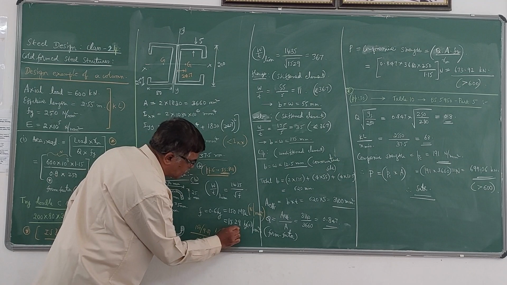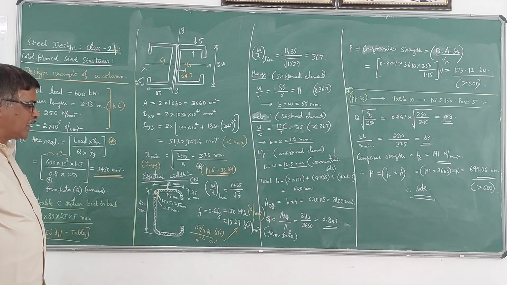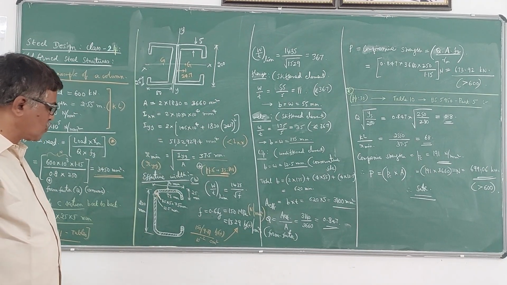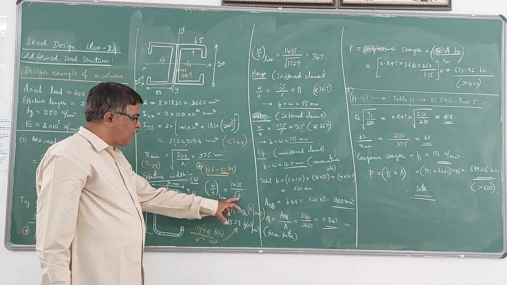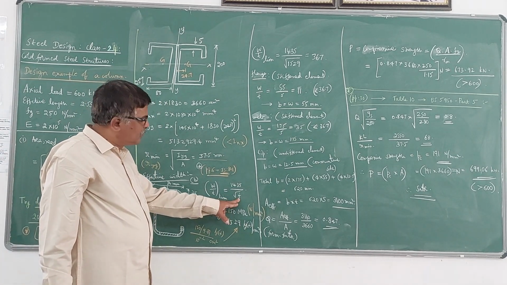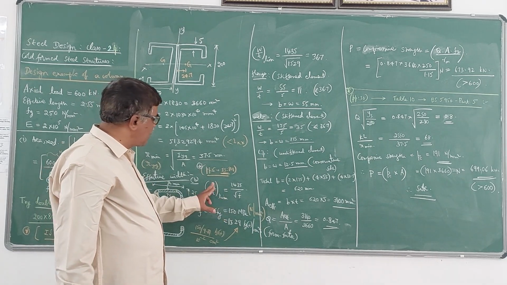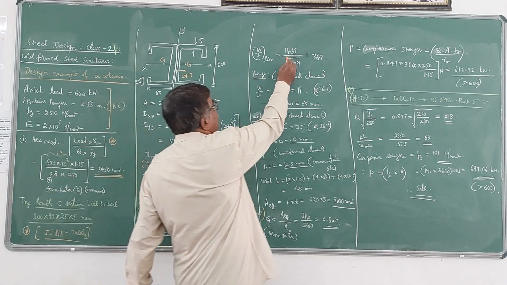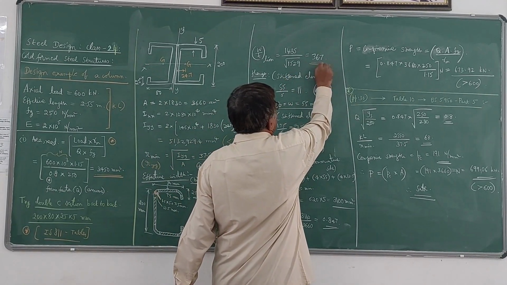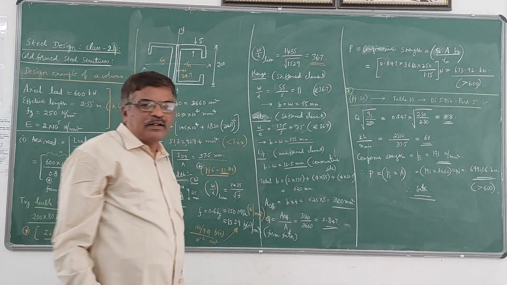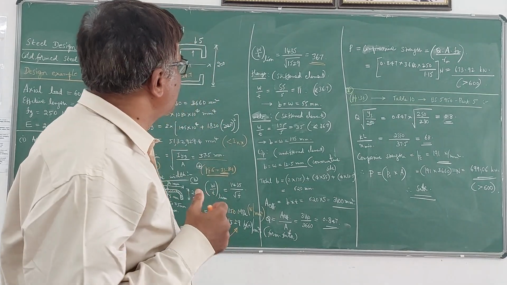If you simplify this, you will get 1529 kg force per centimeter square. This is the conversion. Now if you substitute that value of F in this formula, W by T limiting value will be 1435 divided by root of 1529, which comes out to be 36.7. This is the comparing factor now.